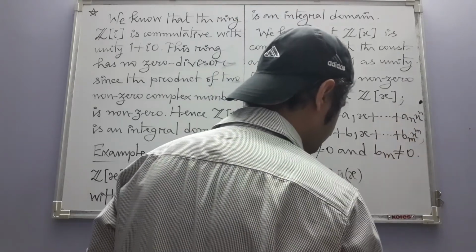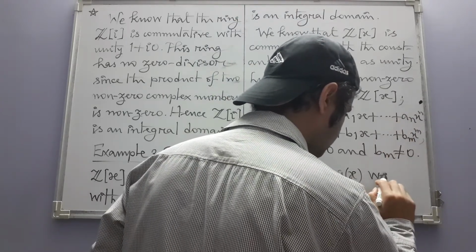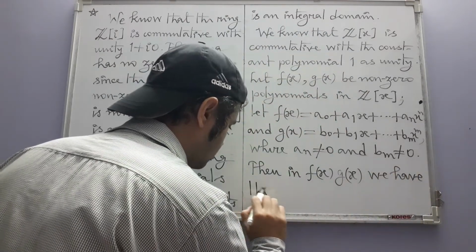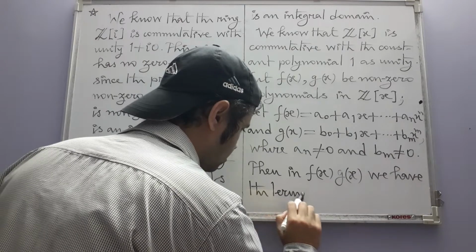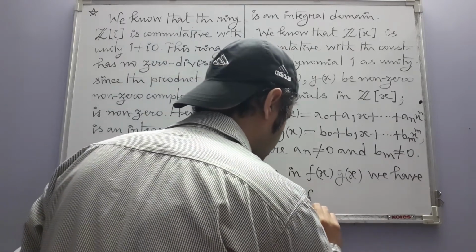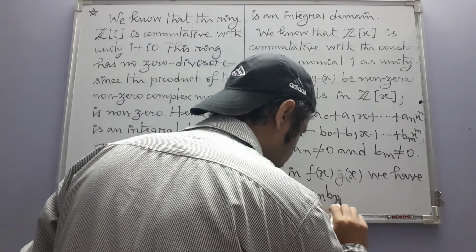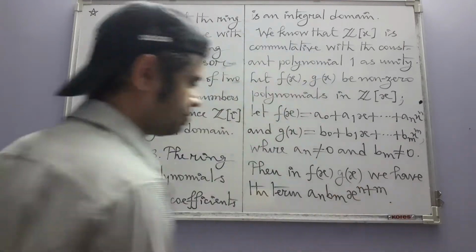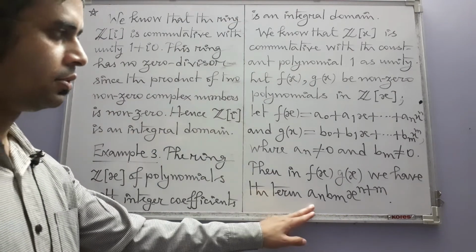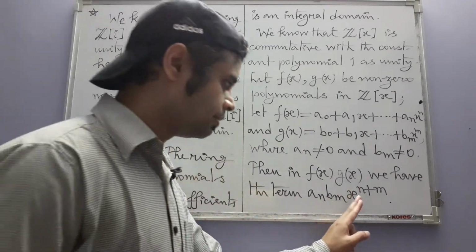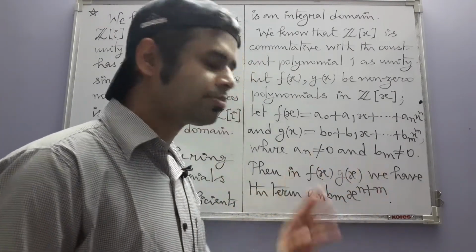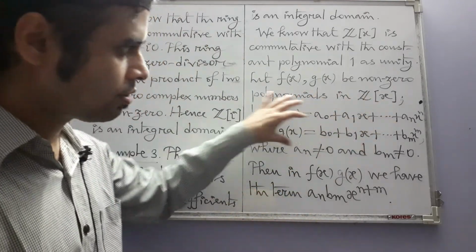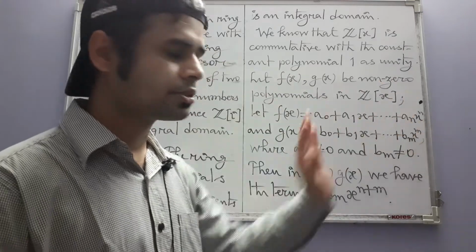Then in f(x)g(x) we have the term an bm times x to the power n plus m. And note that this power of x, x to the power n plus m, is only this one. No other term will contribute to this power.